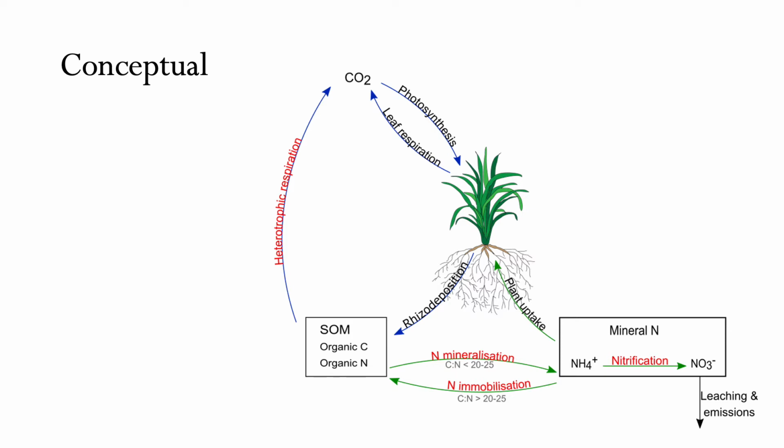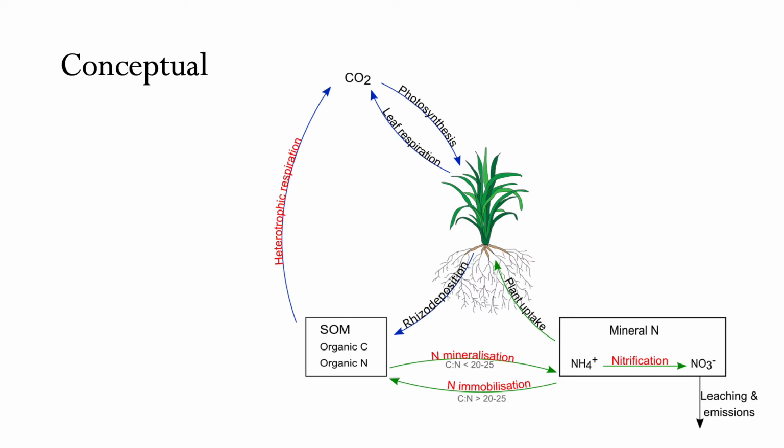This nitrogen can then either be taken up by the plant or undergo nitrification, thereby increasing the risk of nitrogen losses through emissions and leaching. But mineral nitrogen can also be incorporated into soil organic matter through microbial nitrogen immobilization. Whether nitrogen is preferentially immobilized or mineralized depends, among other factors, on the concentration of carbon relative to nitrogen, or what we call the carbon to nitrogen ratio.